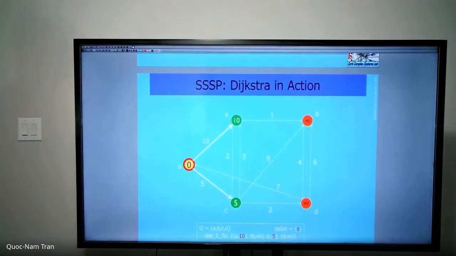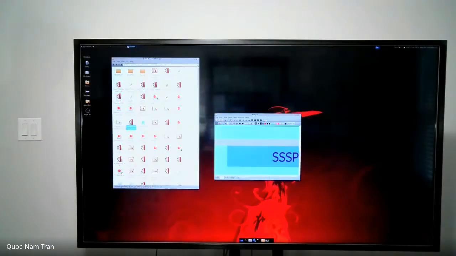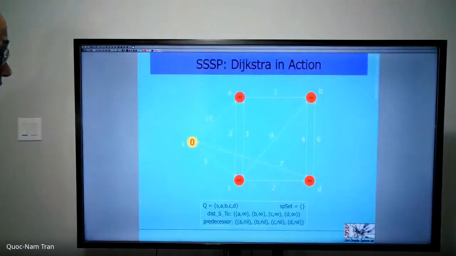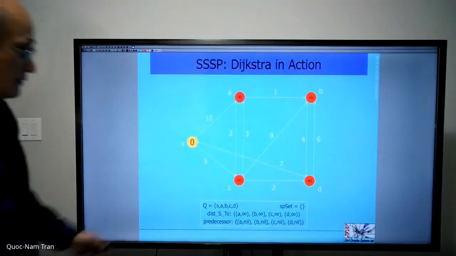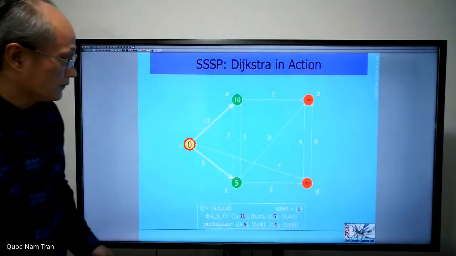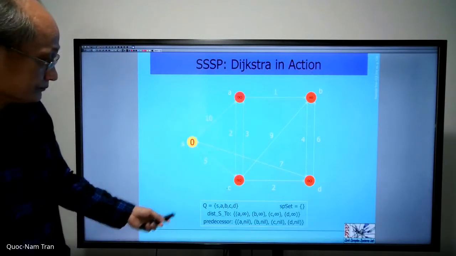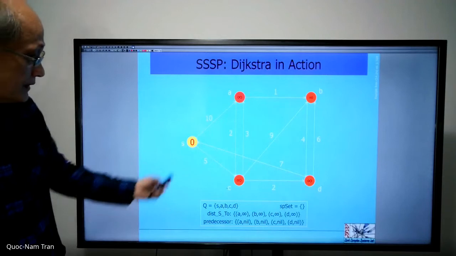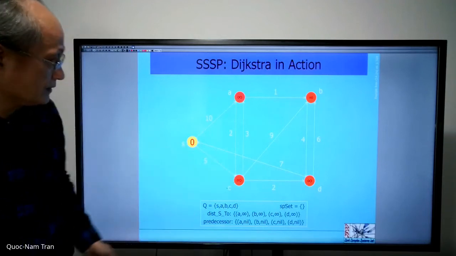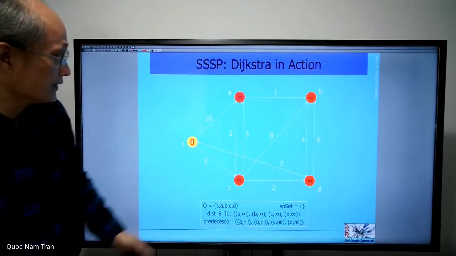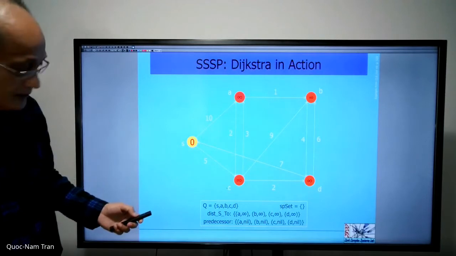Let me change this a little bit so it will not bother us anymore. Okay, very good. So the next thing we have, this one, C with the smallest value of 5.